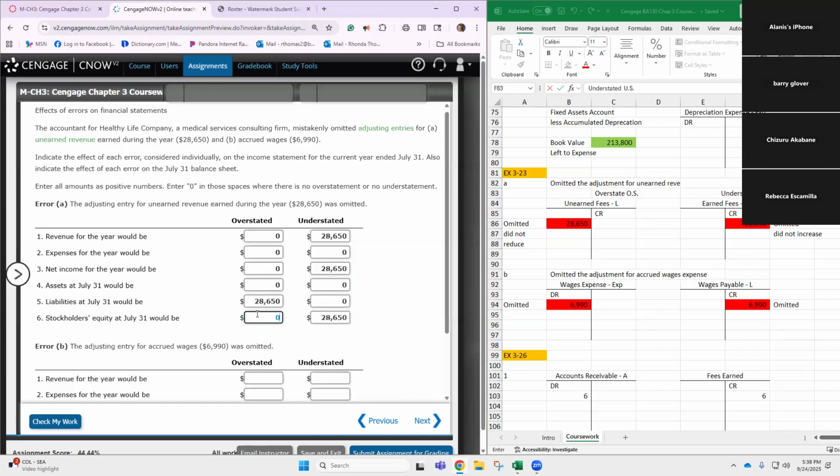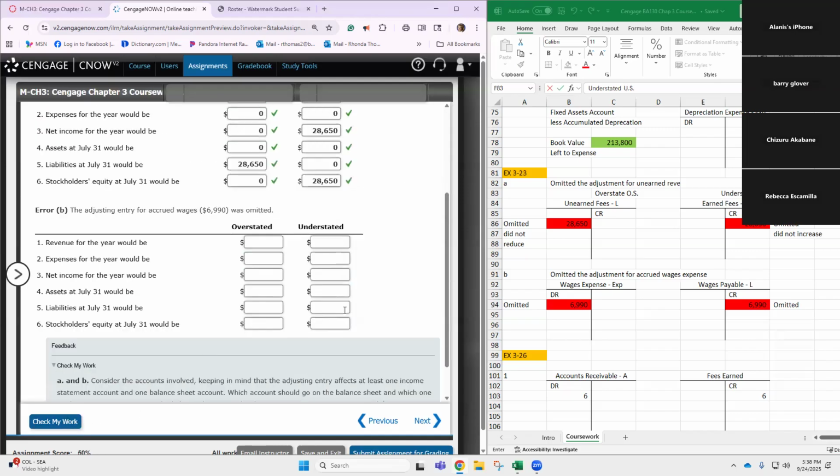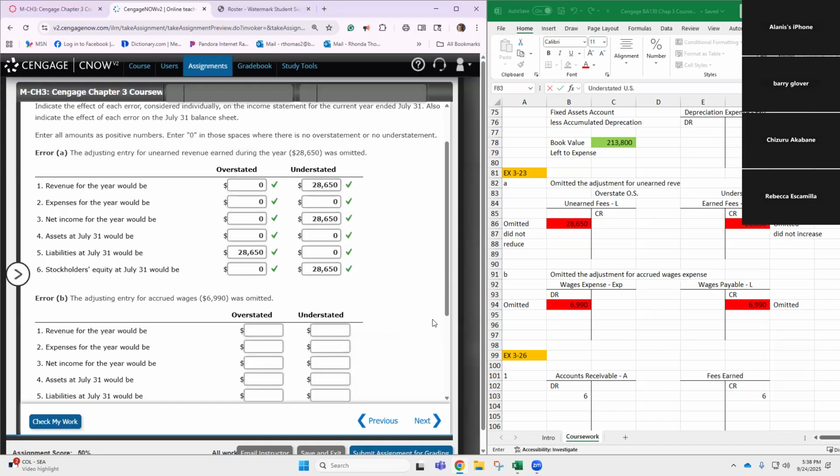Now let's check it and make sure my mind is working okay. That first one, whatever the omission is, should be your revenue being understated, your net income being understated, and your liabilities having too much in them. And finally, because net income goes to retained earnings, which is part of equity, that is understated.